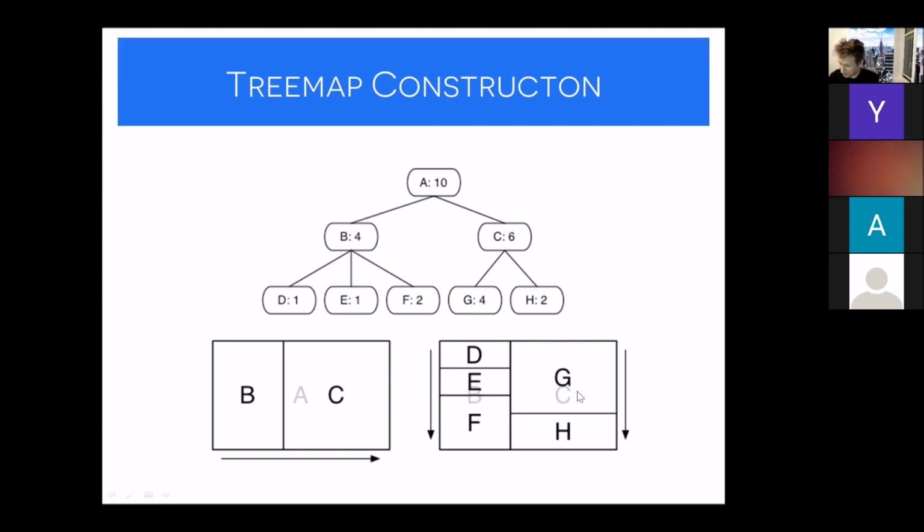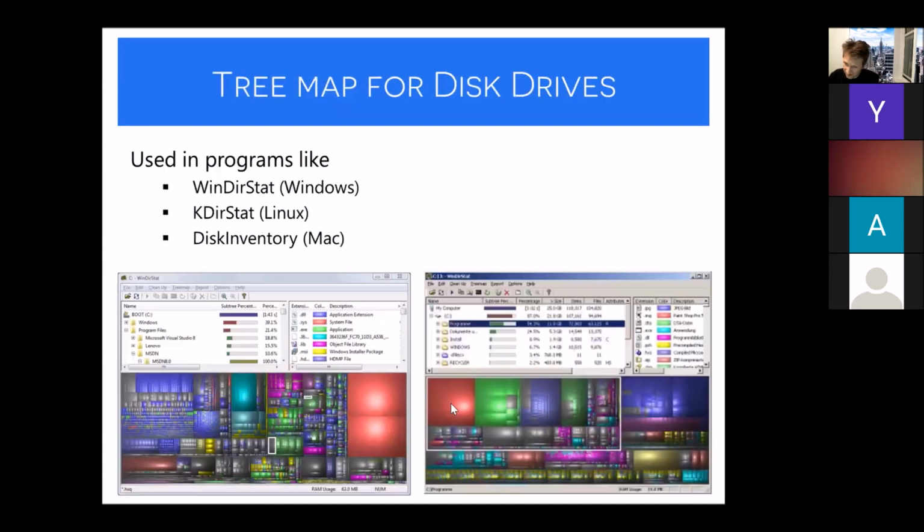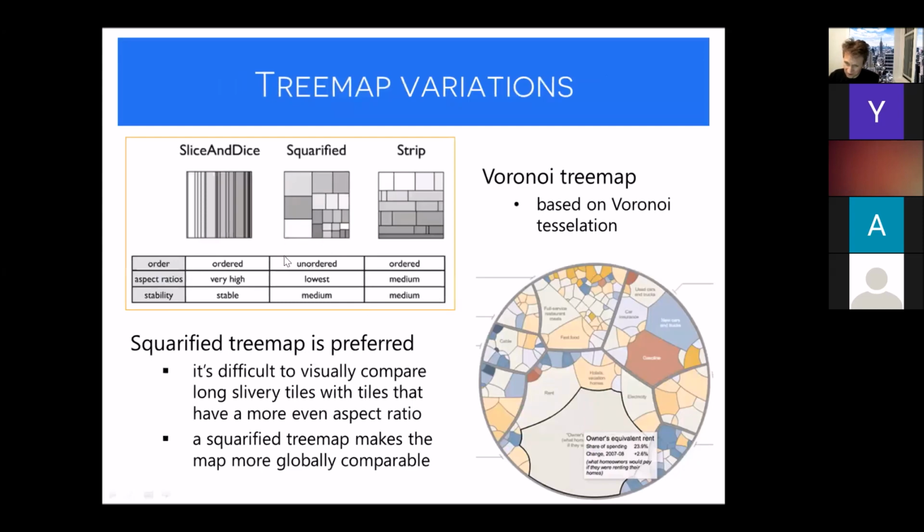Sometimes when you're lucky, they become square. Sometimes they're longish in the X direction, sometimes longish in the Y direction. So it's very hard to compare the different nodes, because sometimes they're square, sometimes they're long in X or Y directions.